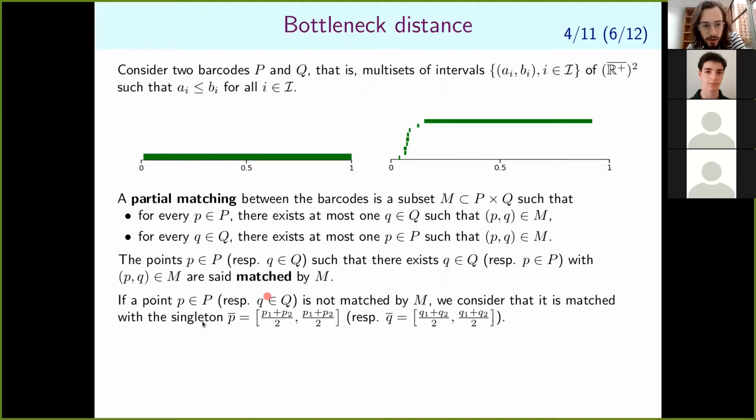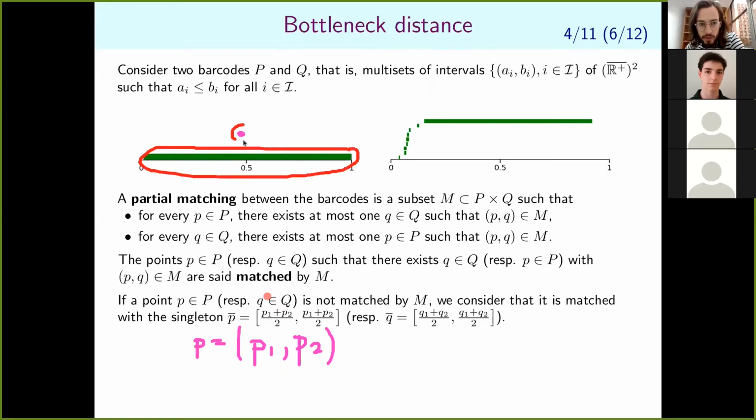Here, p is equal to the interval [p1, p2]. So for instance, if this bar here were not matched, I will match it with its midpoint, 0.5. This one goes with this one.